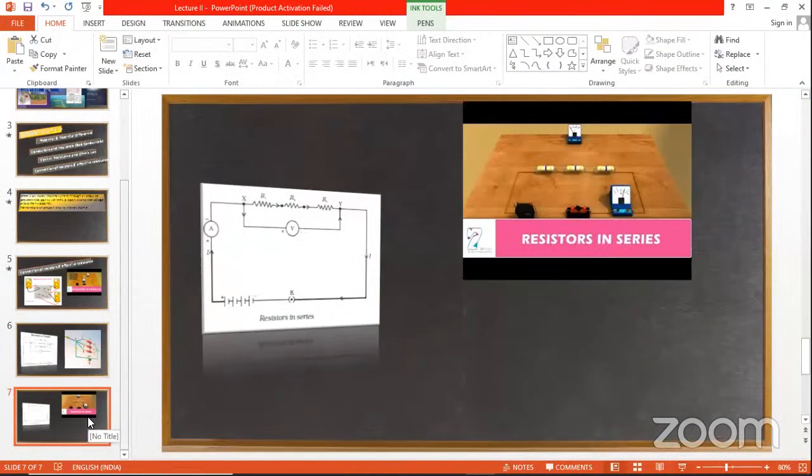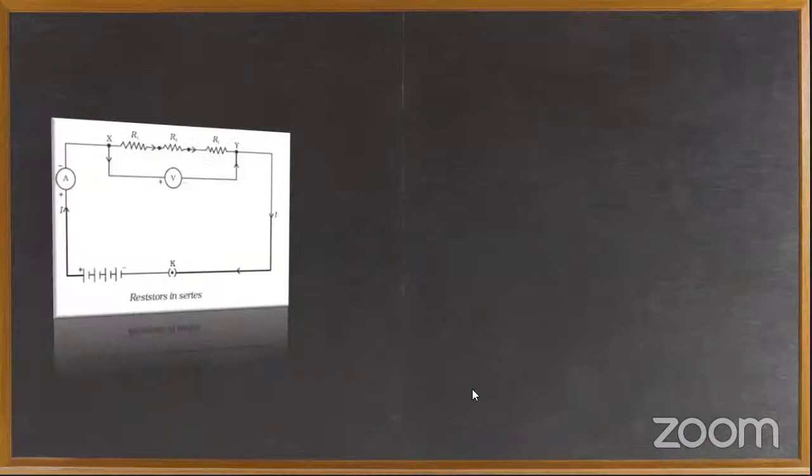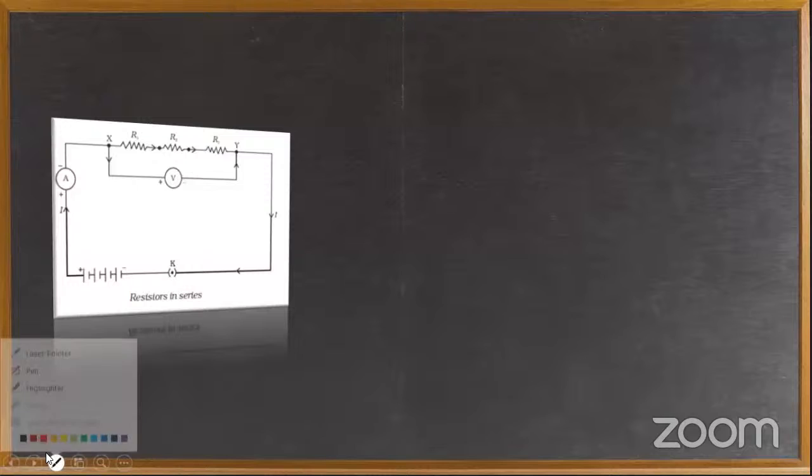Now what is going to happen in the series arrangement, that we are going to understand now. Who is going to tell me what is happening in the series arrangement? What about current?